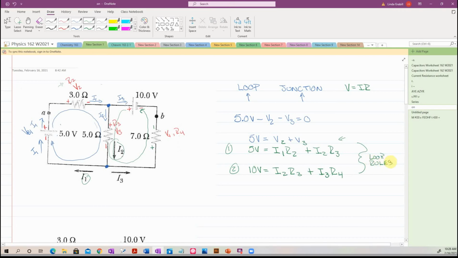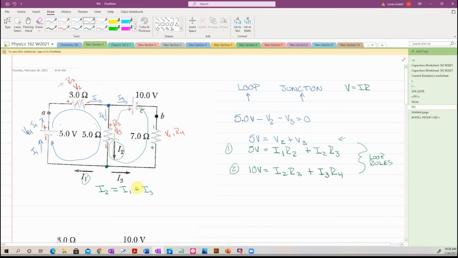My junction rule is looking in terms of just adding my current. So I can look at this piece right here and say, so I2 is coming in and it's splitting into I1 plus I3. I can write that in any order. I mean, it's just mathematics, right?